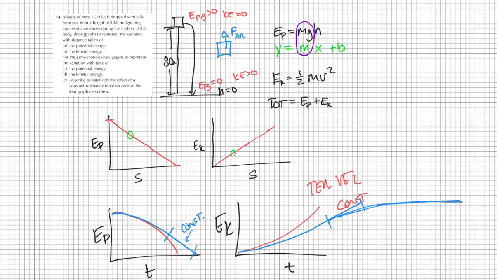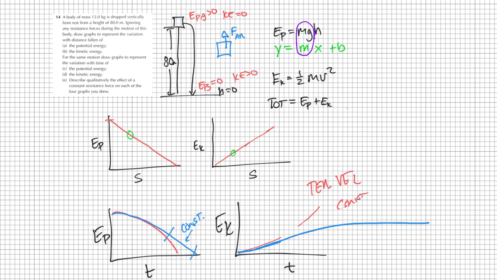Yeah, so let's redraw this. Let's rethink this. If I get to a point where I have a constant velocity, my kinetic energy will no longer be increasing. So I would expect it to look something like this, where my kinetic energy doesn't change. However, my gravitational potential energy would continue to go down.